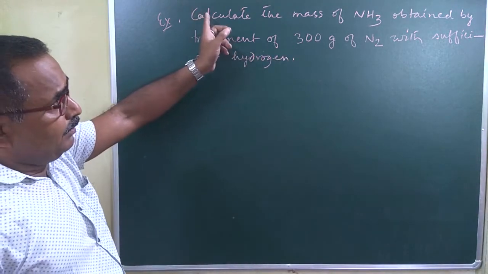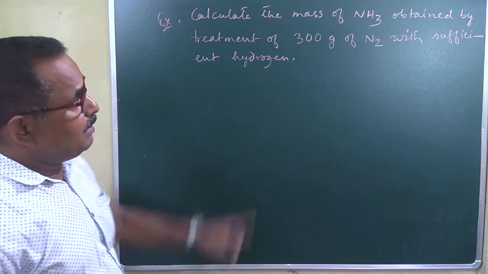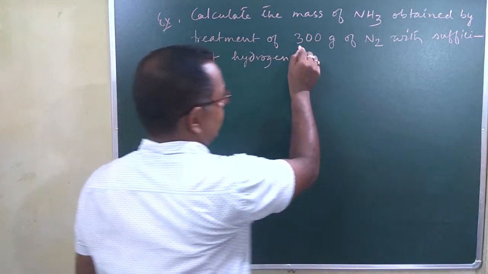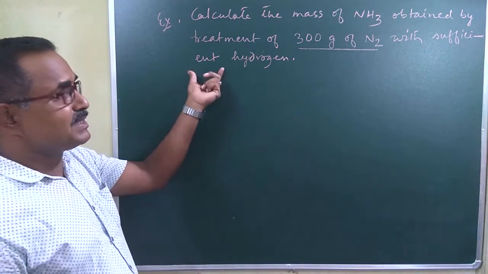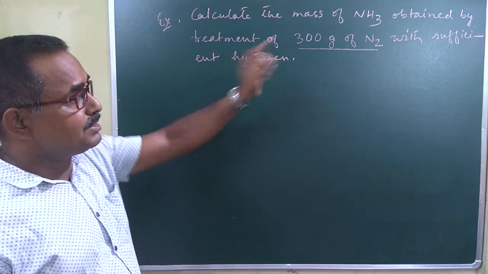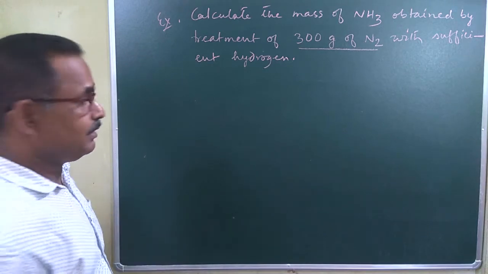We have to calculate the mass of ammonia which is obtained by treatment of 300 gram of nitrogen with sufficient hydrogen. Hydrogen is present in sufficient amount, so in this case the limiting reagent will be nitrogen.